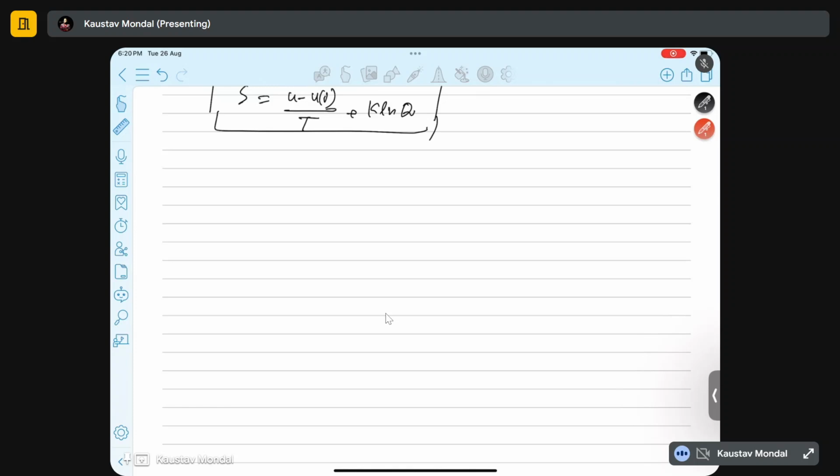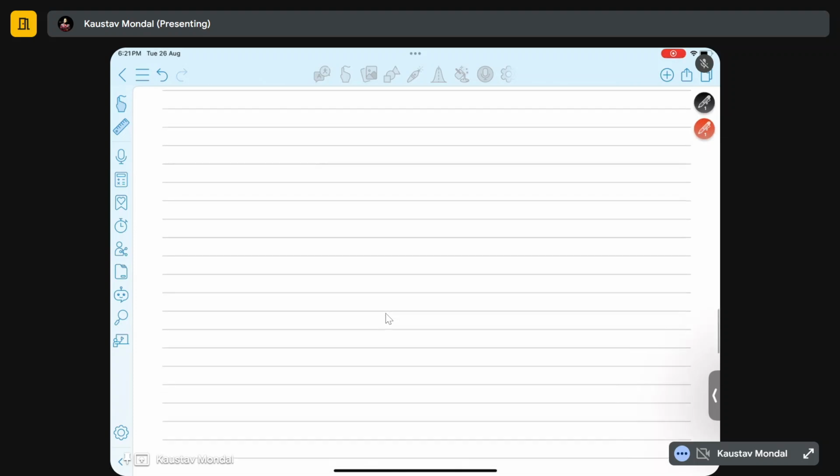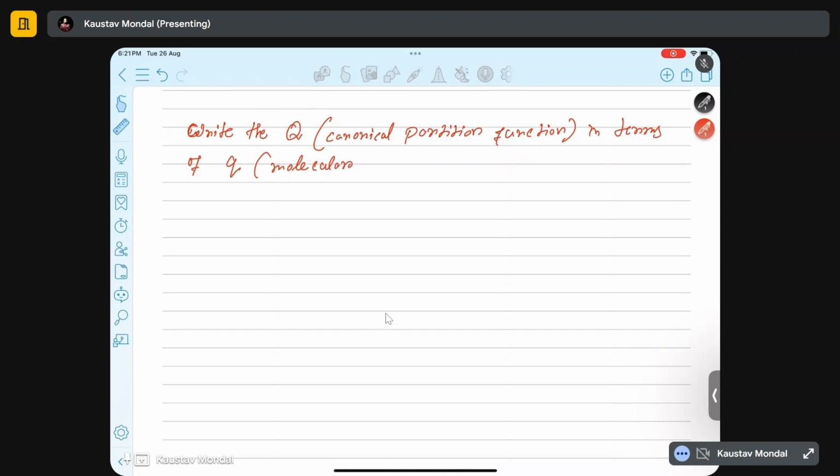What we will first try to do is write the canonical partition function Q in terms of the small q, that is, the molecular partition function.